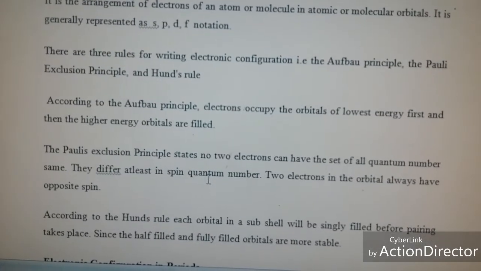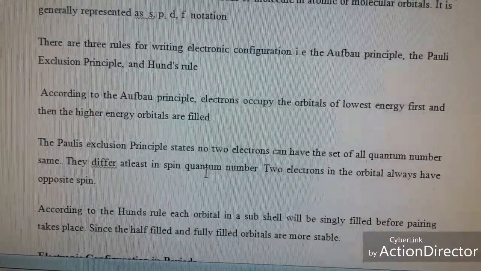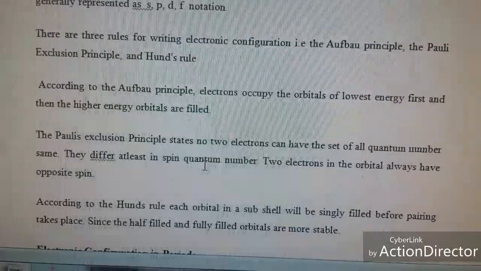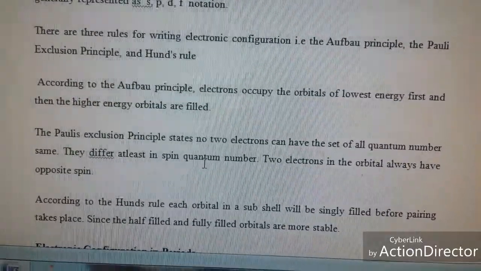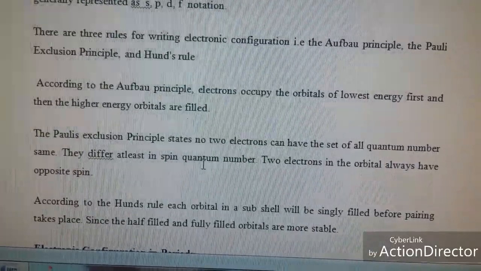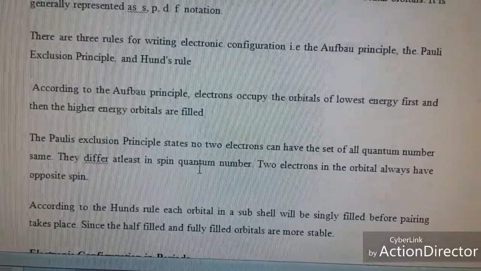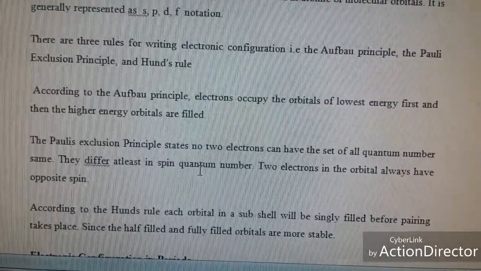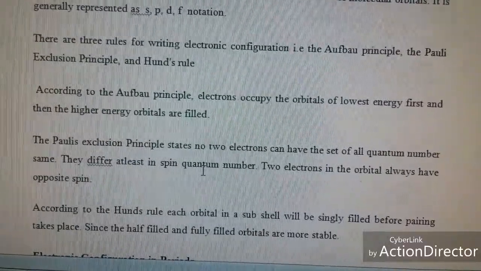Next property is the electronic configuration, which is nothing but the arrangement of electrons in atomic or molecular orbitals, and it is represented as spdf. While writing the electronic configuration, we generally follow three rules: the Aufbau principle, Pauli's exclusion principle and Hund's rule. According to the Aufbau principle, electrons will occupy the orbital of lowest energy first, and then fill the higher energy orbitals.